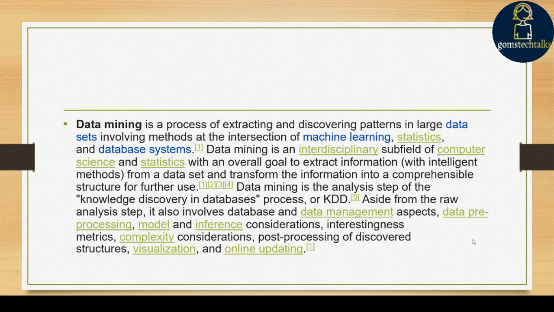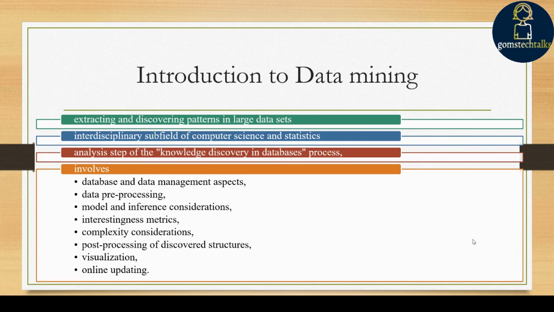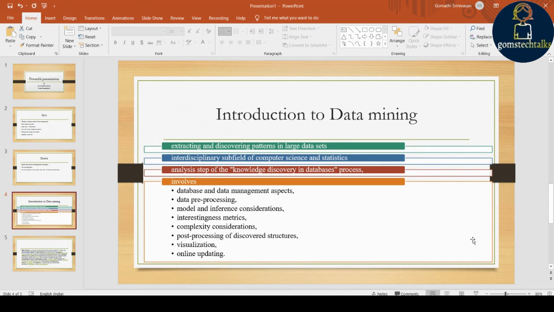This is the normal human mindset: we will read whatever is there in the slide. So here you just add data mining. Data mining is the process of extracting and discovering patterns in a large data set. Data mining is an interdisciplinary subfield of computer science and statistics and more. Like that, you can add something else. Got it? So you have to decide which SmartArt to use.